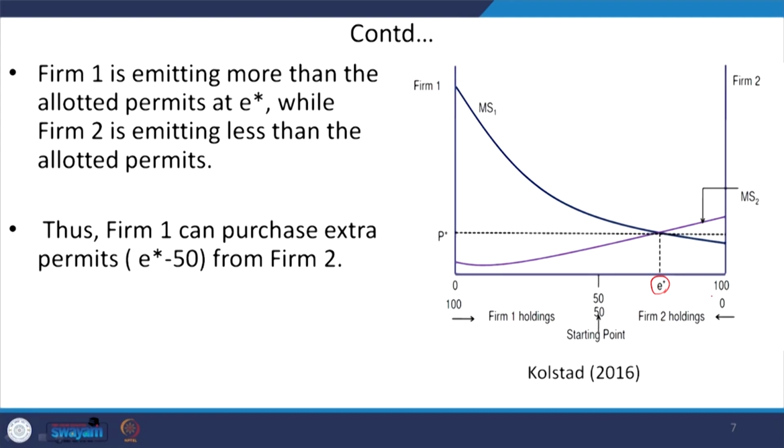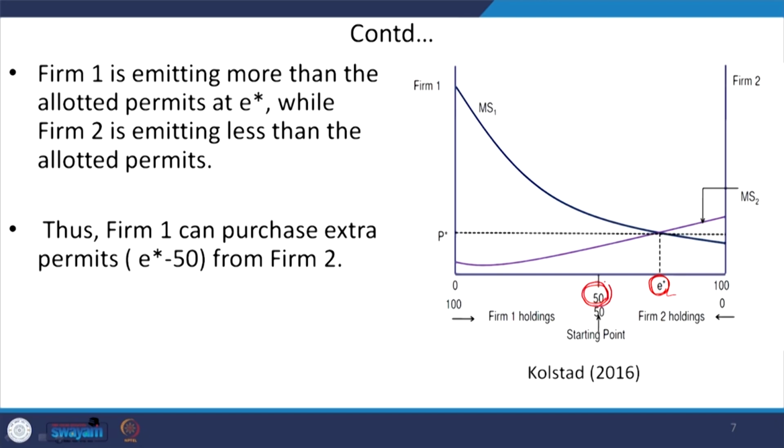But what we find here is that the equilibrium holding is E star, which means farm 1 is polluting at E star, which is much more than the 50 allotted permits. And similarly, farm 2's allocated share is 50, however, it is polluting much less than 50, at this E star.